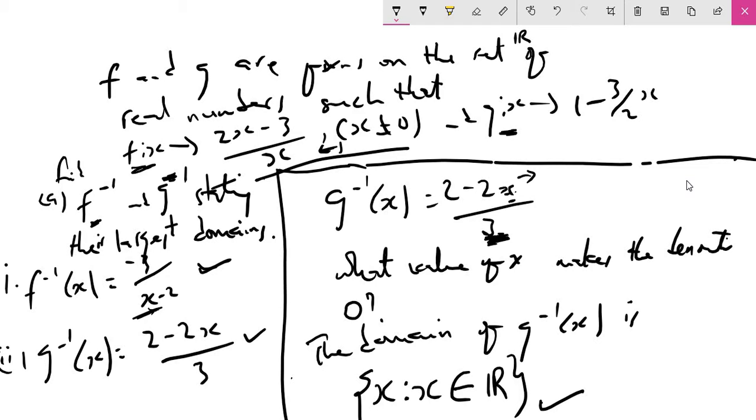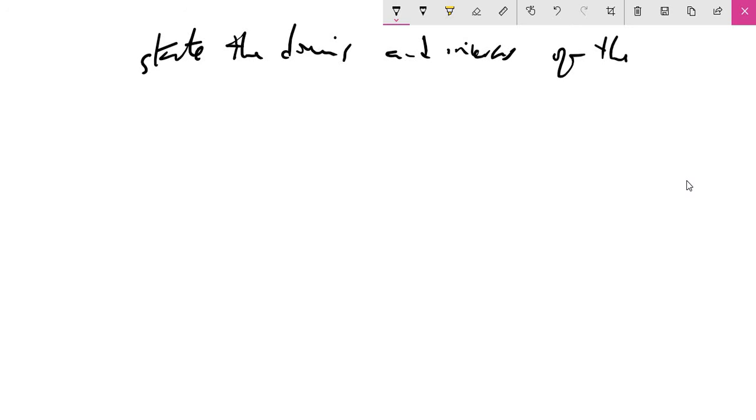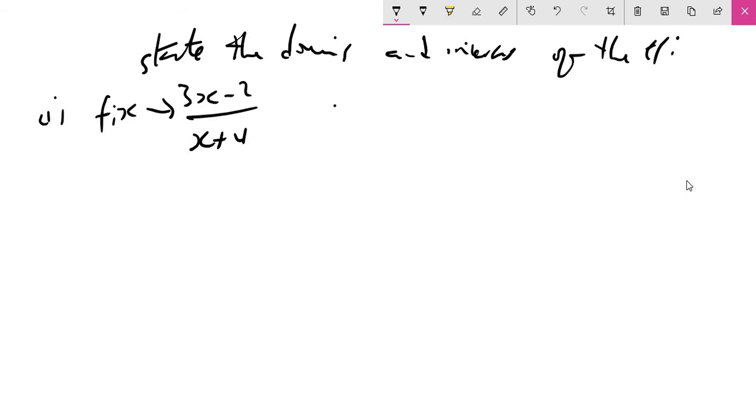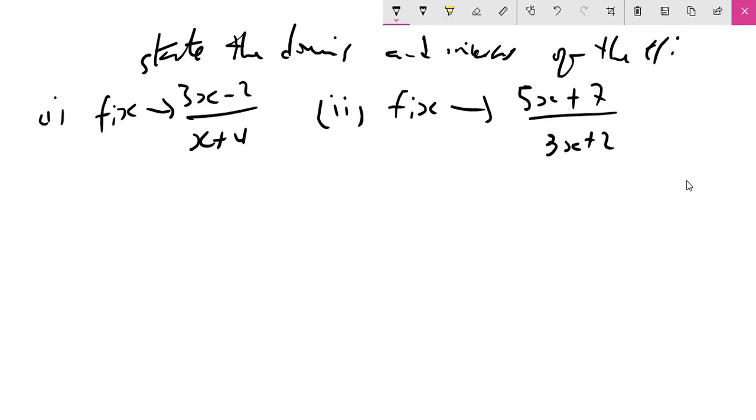Okay. So I'm going to clean the board. So now here we have: state the domains and inverses of the following. 1, f of x maps to (3x minus 2) divided by (x plus 4). 2, f of x maps to (5x plus 7) divided by (3x plus 2). 3, g of x maps to 2x divided by (1 minus x).